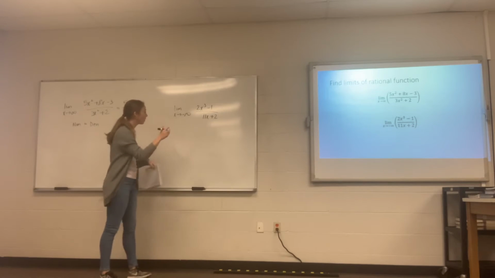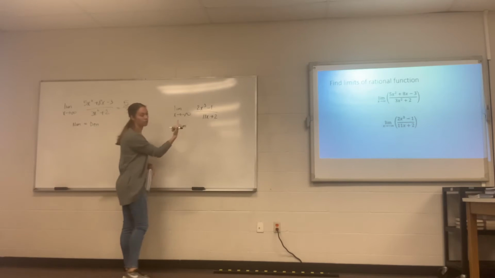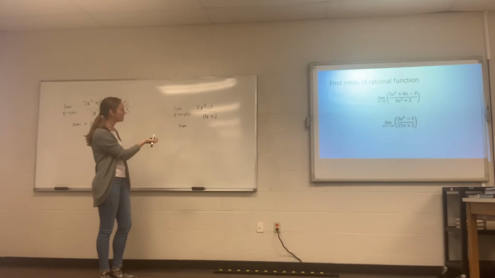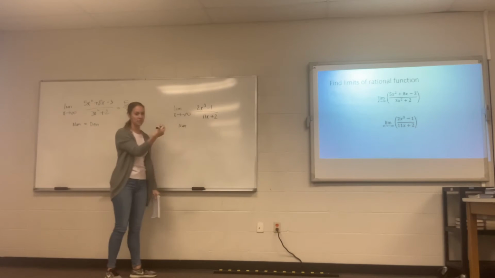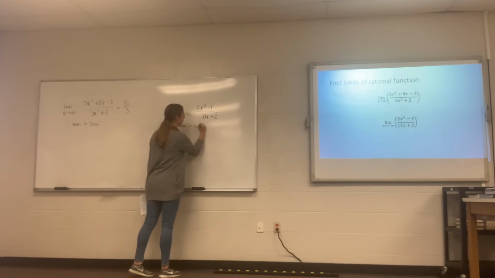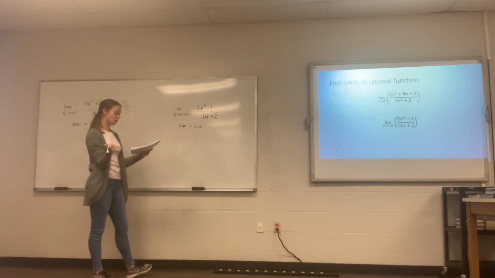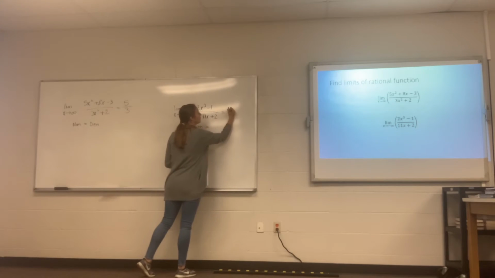So if I look at this one, my numerator degree is going to be 3, and then my denominator degree is just 1 because I have a cubed and then just an x. So my numerator degree is greater than my denominator one. So in this case, my limit does not exist, okay?